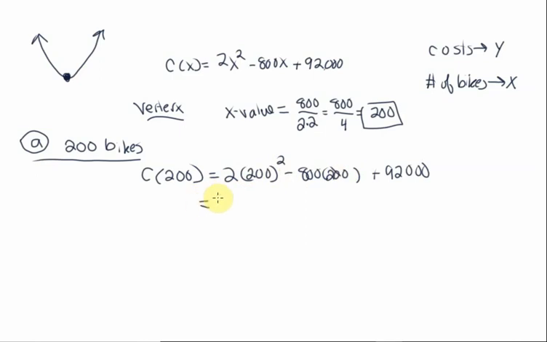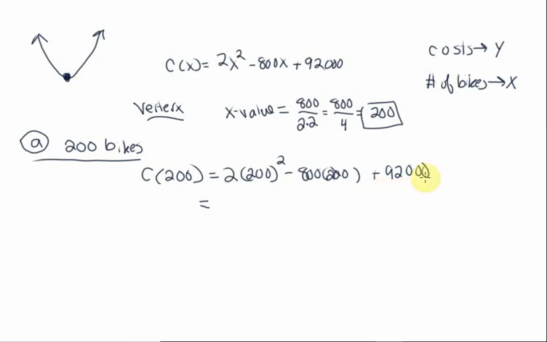I'm going to use a calculator, and I'm going to put this in exactly as I see it with parentheses. I'll go 2, parentheses, 200, close parentheses, squared, minus 800, parentheses, 200, close parentheses, plus 92,000.